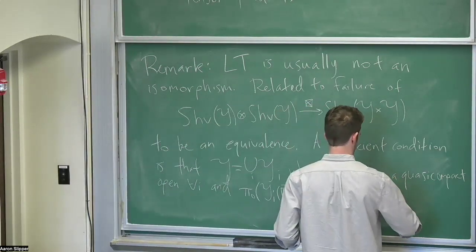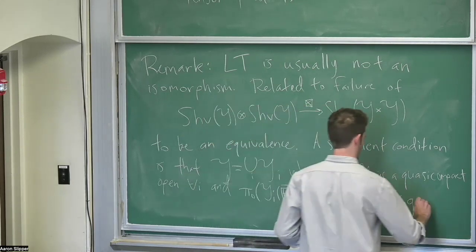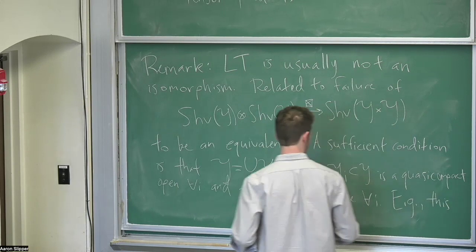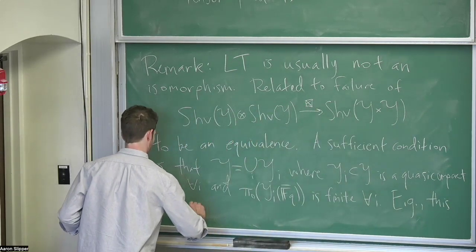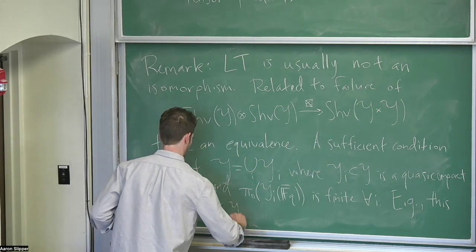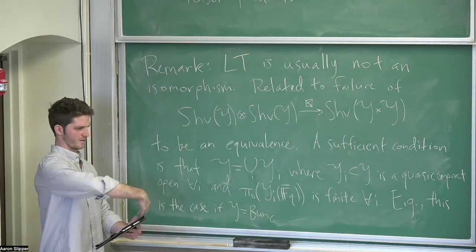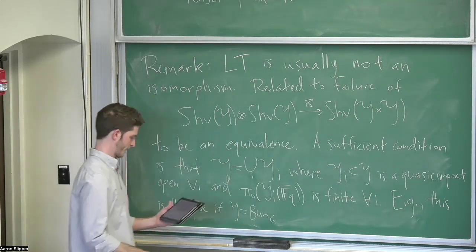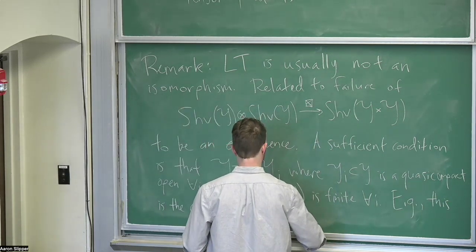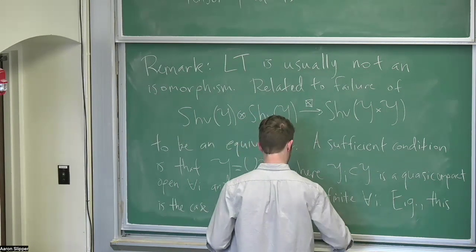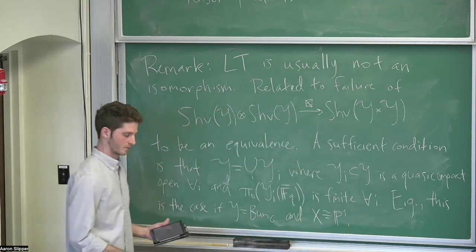Okay, but in our case, for Y being BunG, which is the case we really care about, this will hold essentially only if the genus is 0. In which case, BunG is a union of open substacks, each of which has finitely many points.